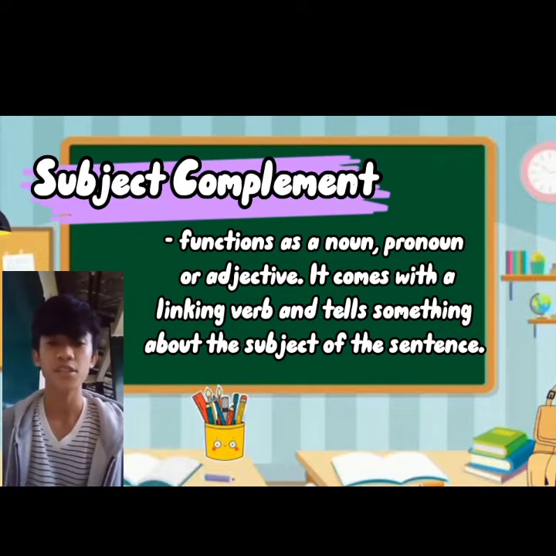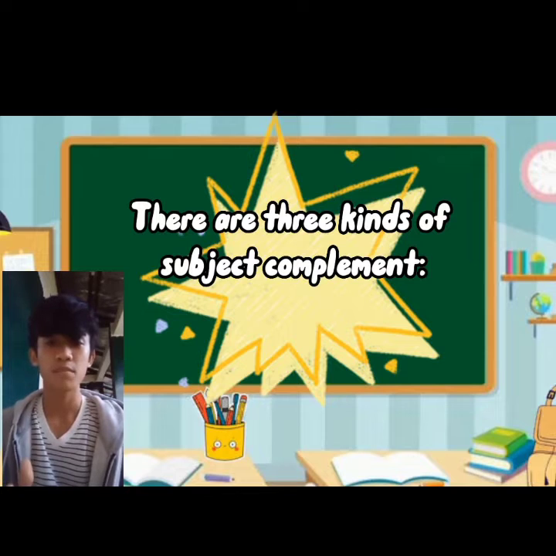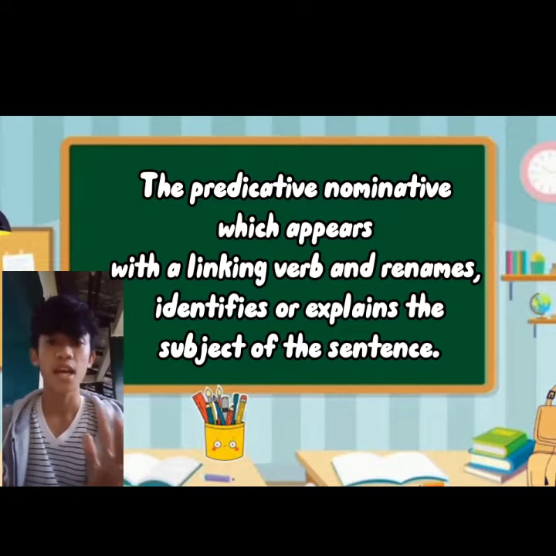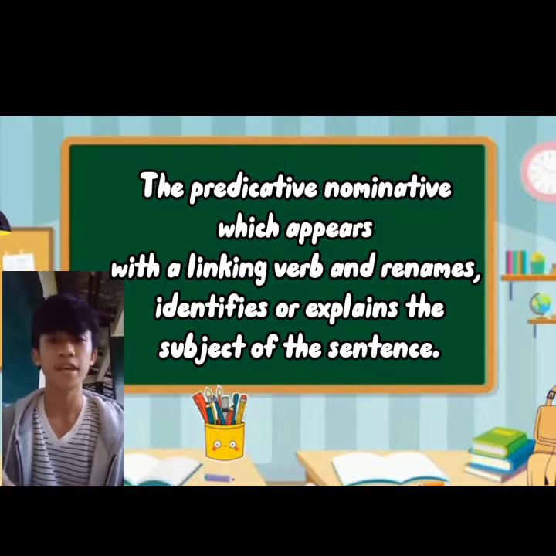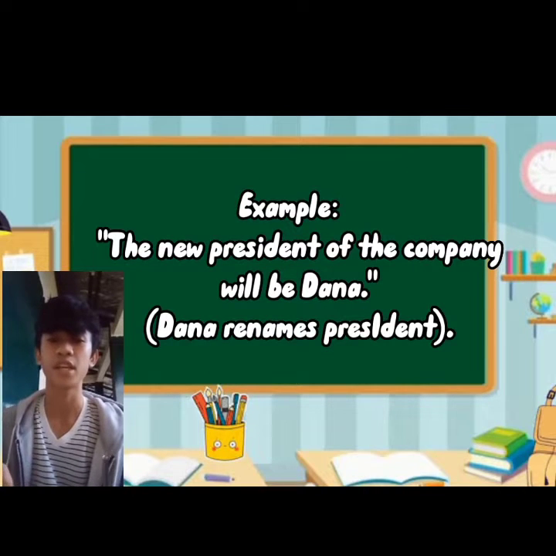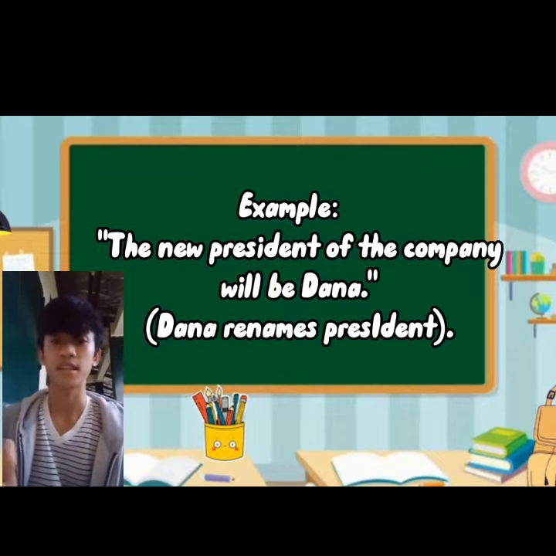Subject complements function as a noun, pronoun, or adjective. They come with a linking verb and tell something about the subject of the sentence. Three kinds of subject complements. The predicate nominative appears with a linking verb and renames, identifies, or explains the subject of the sentence. Example: the new president of the company will be Dana. So Dana renames the president. That is the example.